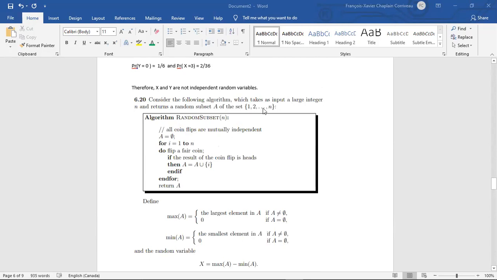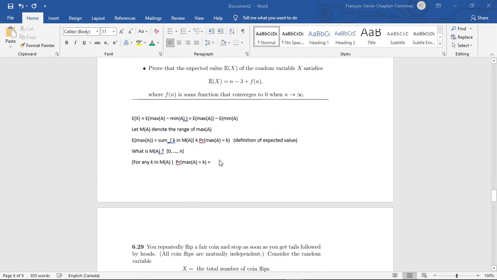Successful meaning the last head that I got was on k. If I get another head after k, then I got something bigger than k. That's not allowed.